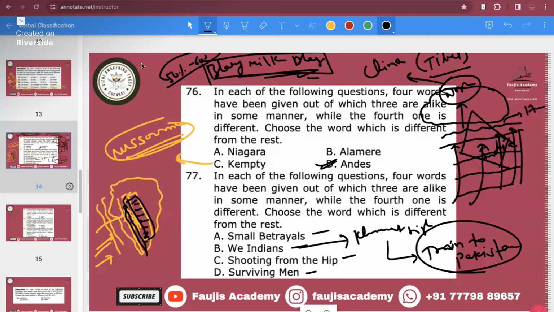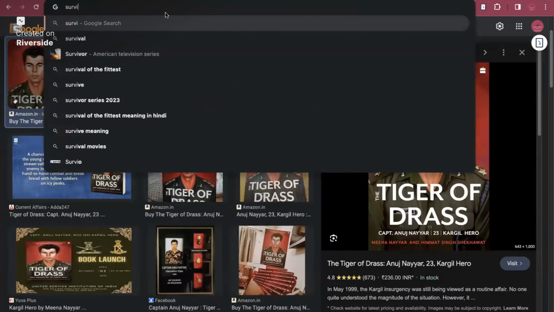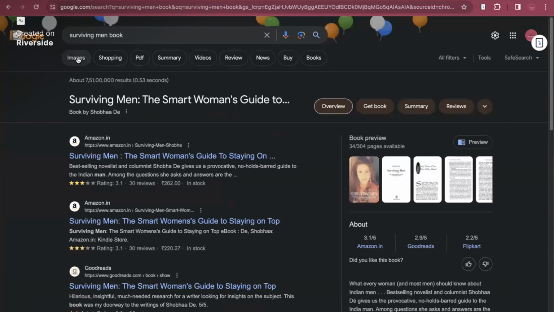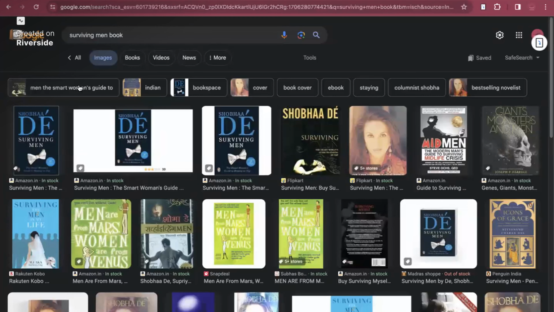And Surviving Men, Shooting from the Hip, Small Betrayals, We Indians. Is Surviving Men also a book? So Surviving Men is also a book by Shobha Day.